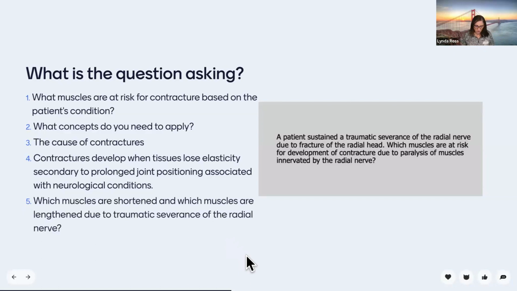So really, the key thing is, which muscles are shortened and which muscles are lengthened due to traumatic severance. You have to remember, what does traumatic severance mean? And there are other terms for this, big neurological words, which I'll talk about.